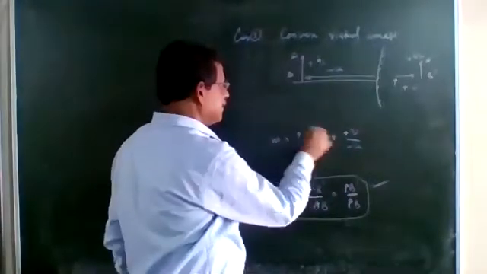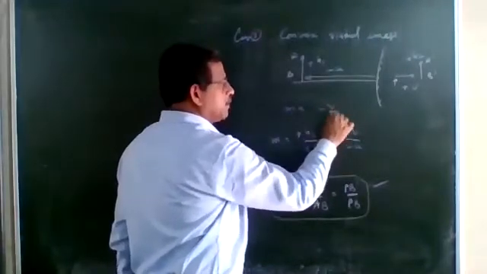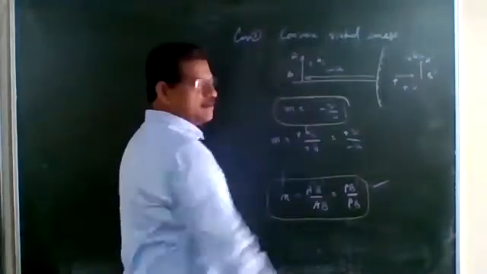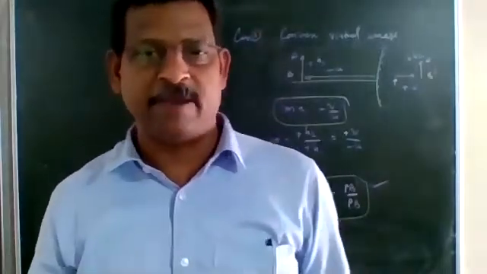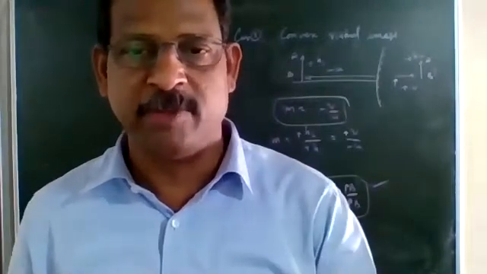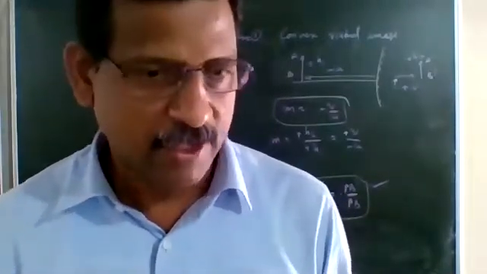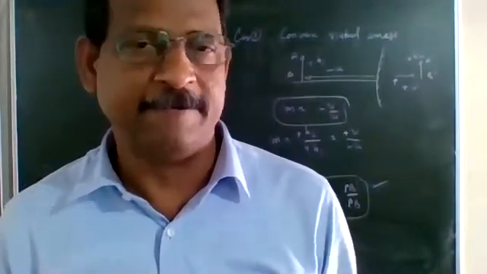So relating M and V and U, M is equal to minus V by U. So for a mirror, the magnification equation is M is equal to minus V by U, whether it is a real image, virtual image, concave mirror, or convex mirror. And while substituting numerical values, we substitute the sign.